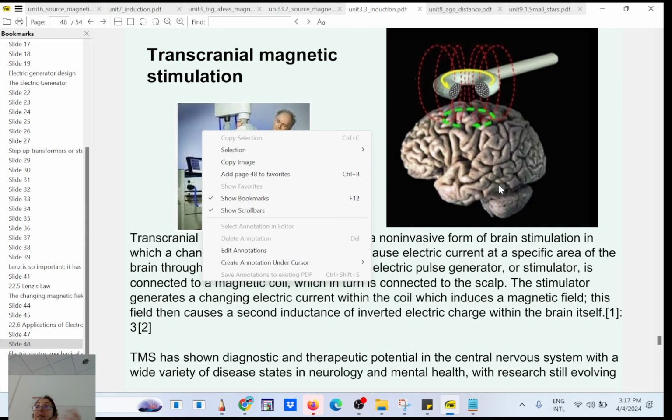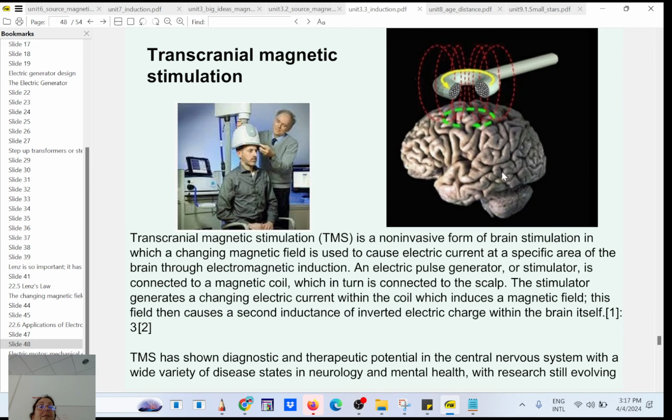Okay, a lot of things are working with electricity in the body, but I thought it was interesting. Okay, so by the way, we are all exposed to those electromagnetic waves, right?